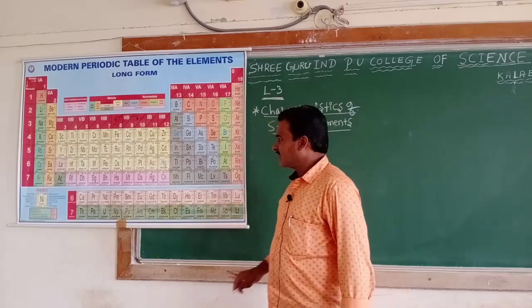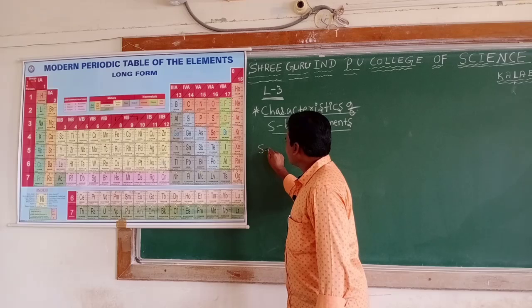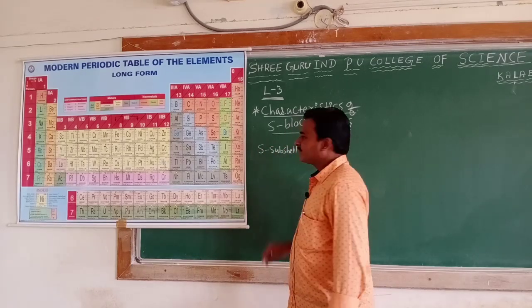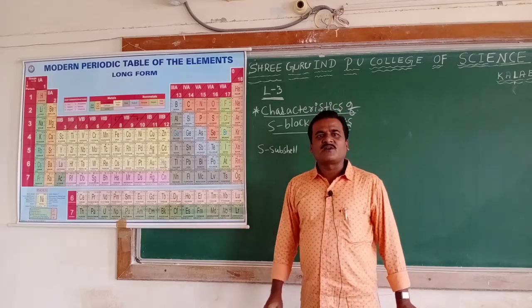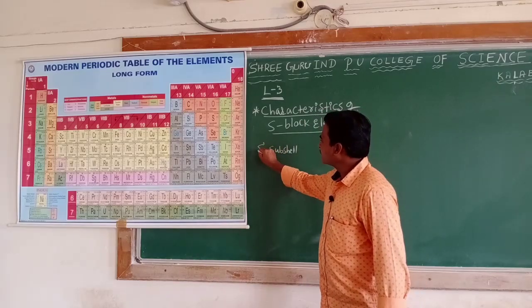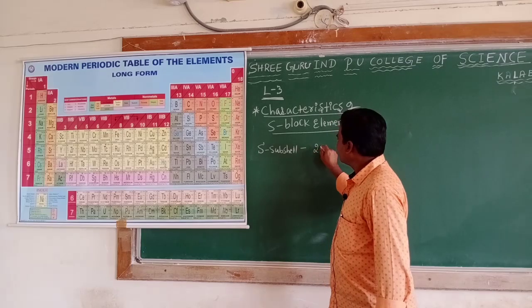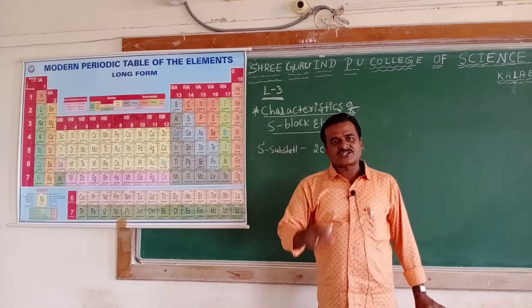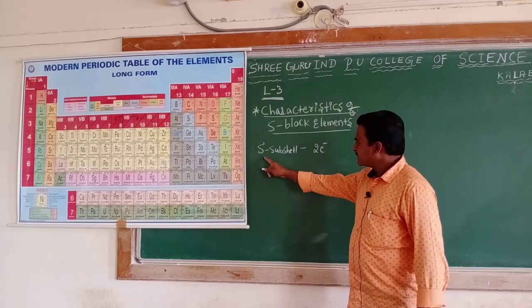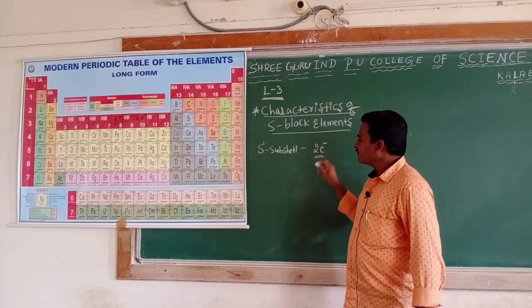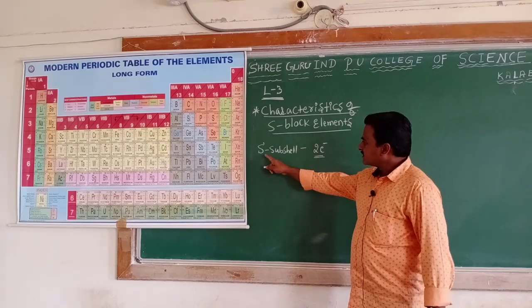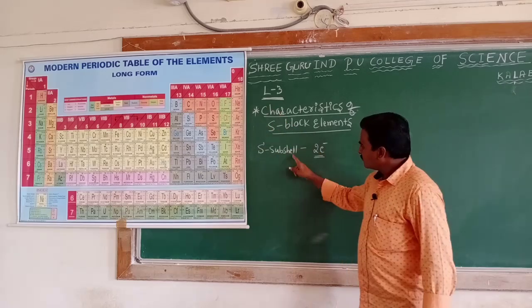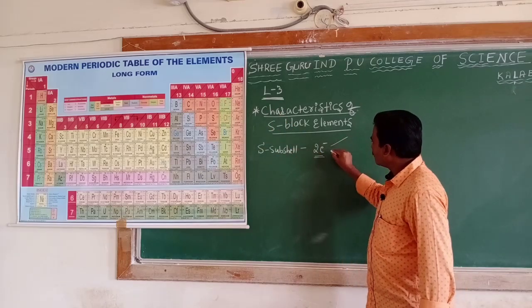As you know from the structure of atom topic, the capacity of the S subshell is 2 electrons. As the S subshell contains 2 electrons, the S block contains mainly 2 groups.